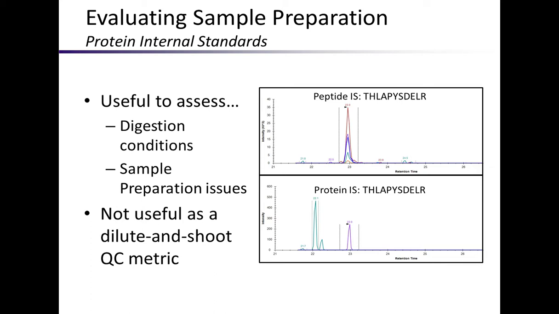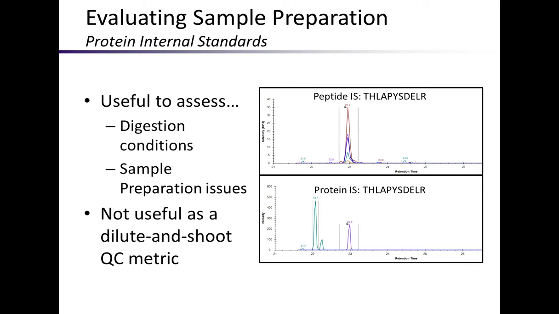So for example, in one experiment, I have both a peptide and a protein internal standard. The standard is ApoA1, and here's a peptide from ApoA1. Now, the peptide shows up just fine, but the protein internal standard did not, or rather the peptide from the protein.